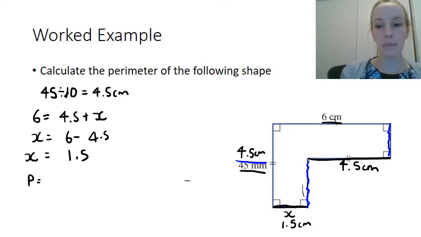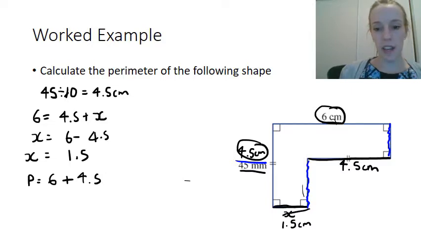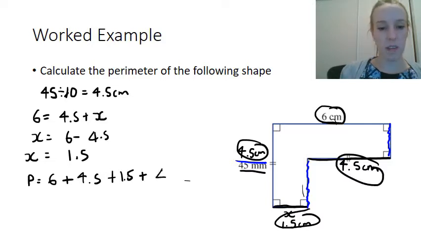So my perimeter is this side, which is 6 centimetres, plus this side, which is 4.5, plus this one side down the bottom, which is 1.5, plus this one here, which is 4.5. And these two sides, this one plus this one together, have also got to equal 4.5.